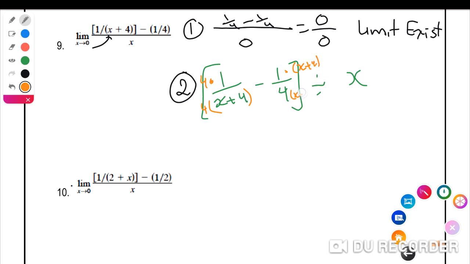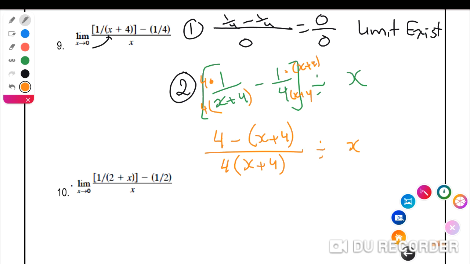What is the new denominator? As you see, it will be 4 multiplied by this bracket, which is x plus 4. Then what is the new numerator? 4, and here minus (x plus 4), which is a bracket, divided by x.